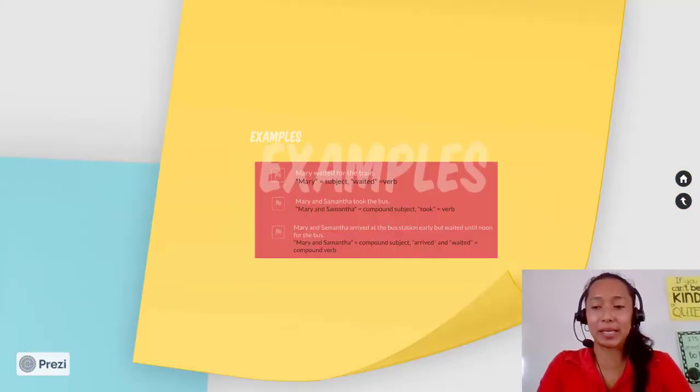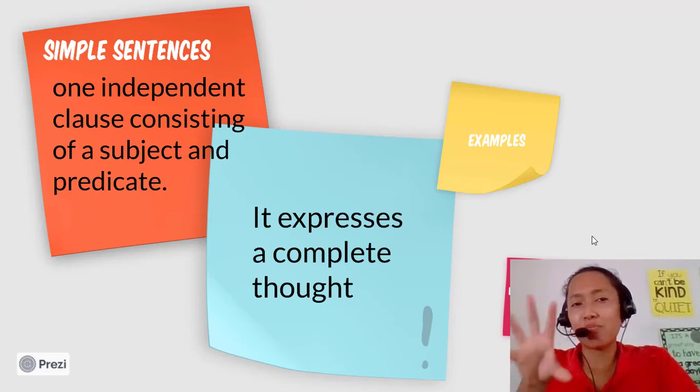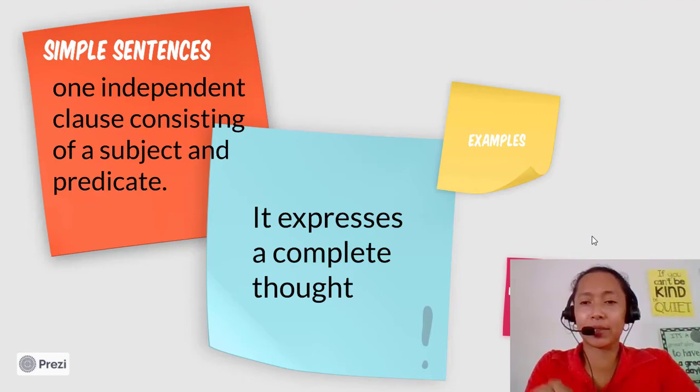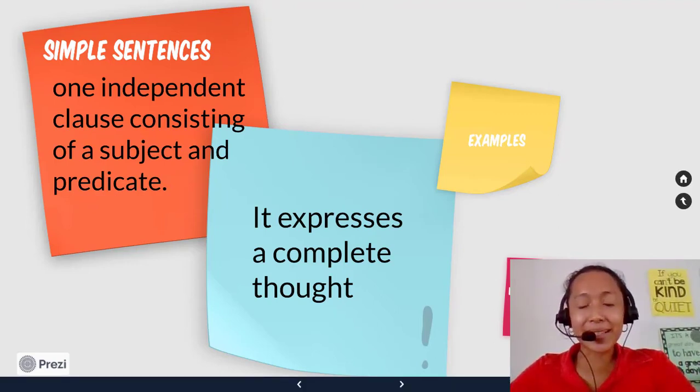So those are simple sentences. Simple sentences are the simplest form of sentences. However, if used properly, they can add to your writing rather than make your writing look like baby work. So here are a few ways it can be used.